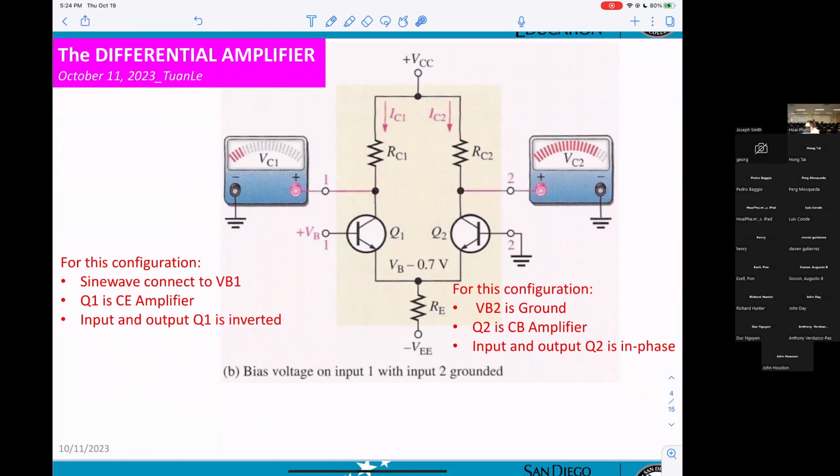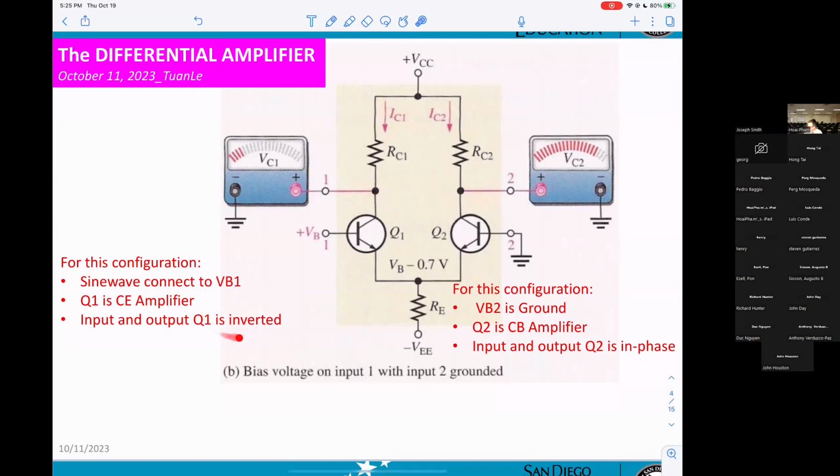Now they apply input to Q1 at VB1, with VB2 grounded. See what's going on. For this configuration, a sine wave connects to VB1 here. Q1 is a CE amplifier. Input and output of Q1 are inverted.